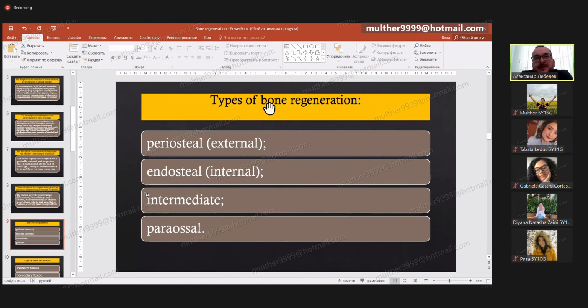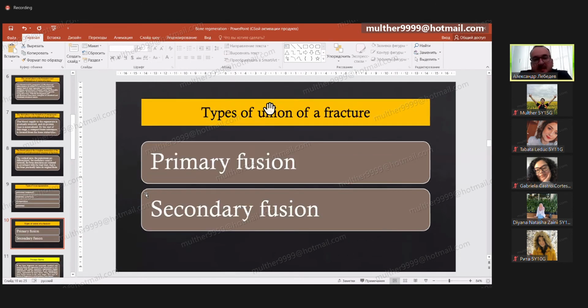Why? Because the growth factors present in the plasma of our blood help the pre-osteocytes differentiate themselves into the final form of the cells. And types of union: primary fusion and secondary fusion.